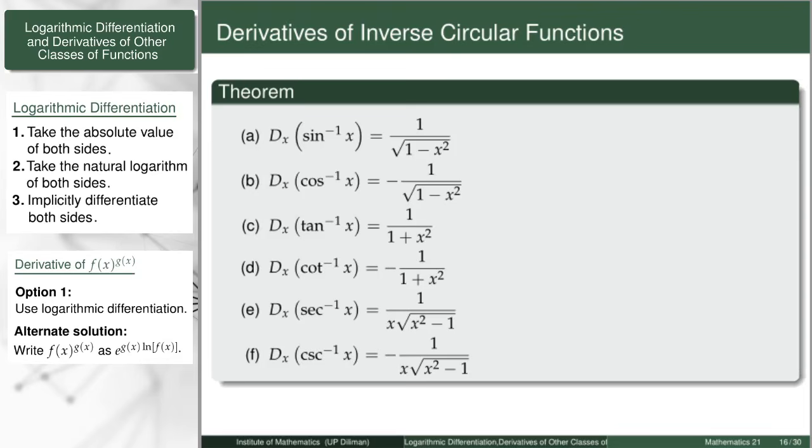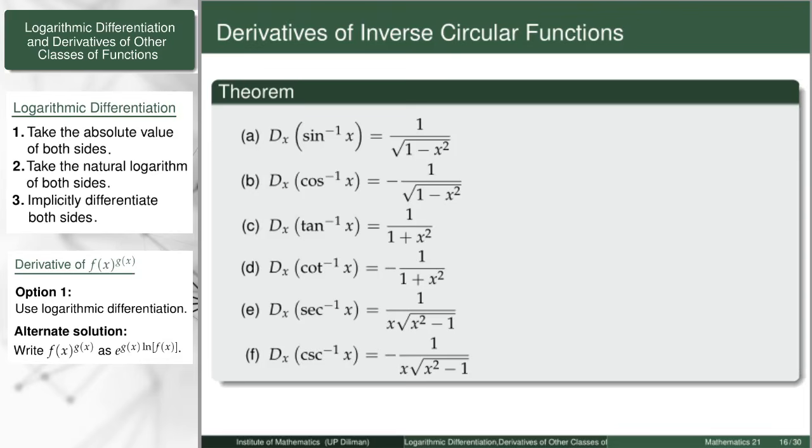For tangent inverse, we have 1 over 1 plus x squared, and the negative for cotangent inverse, and the derivative of secant inverse will be 1 over x square root of x squared minus 1, and the negative for cosecant inverse. Essentially, the first pattern that we need will be that if it starts with the letter c, then the derivative will be negative.